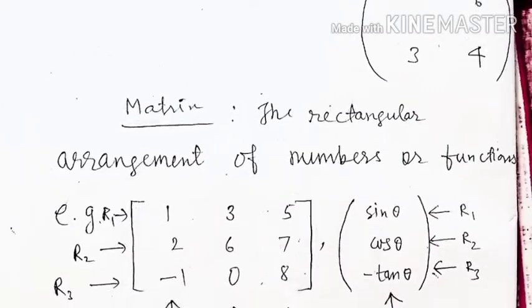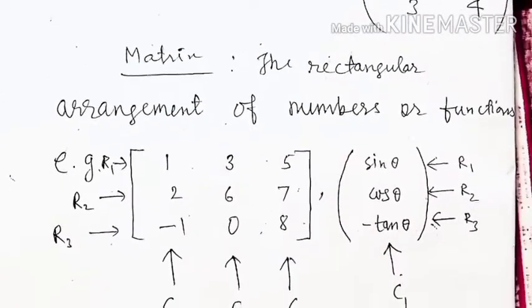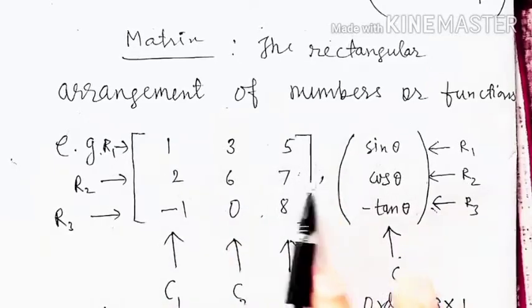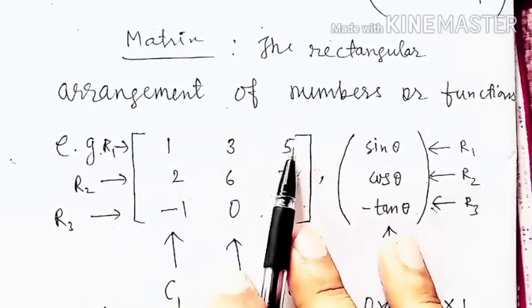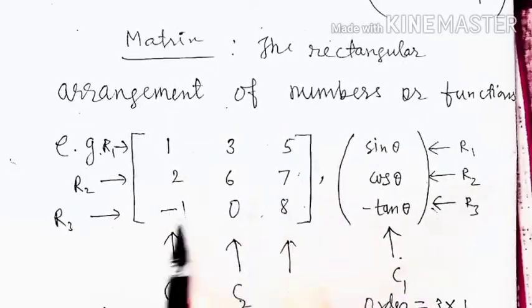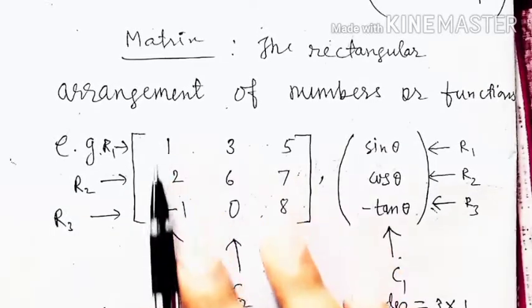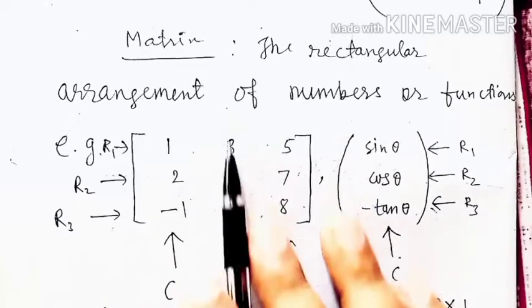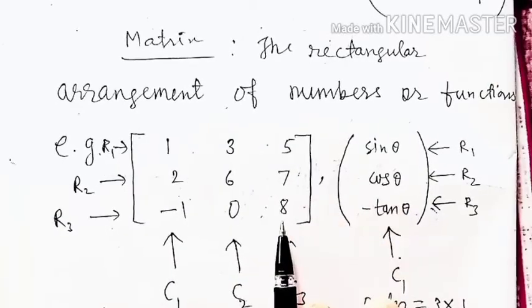We know that horizontal lines are rows. So this is row 1, this is row 2, this is row 3, and vertical lines are columns. So this is column 1, this is column 2, this is column 3.